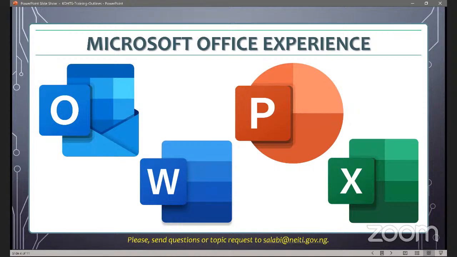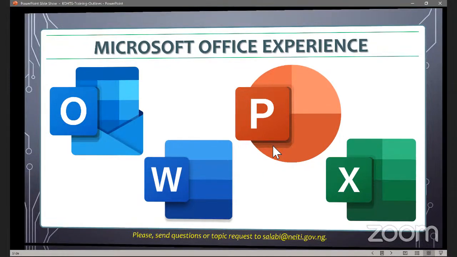PowerPoints are for presentation, just like the one that I'm doing now. It's a PowerPoint presentation. Then how to animate it and all sorts like that. Then Excel, then we have Publisher, we have Visio, and so on. But on this training, we're concentrating on these common ones. And today is PowerPoint that we're going to.